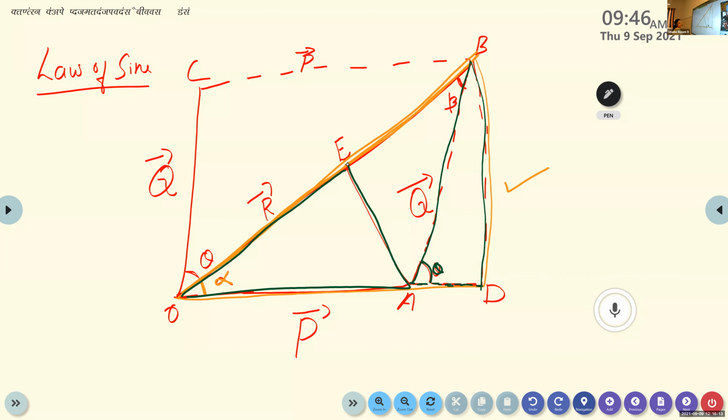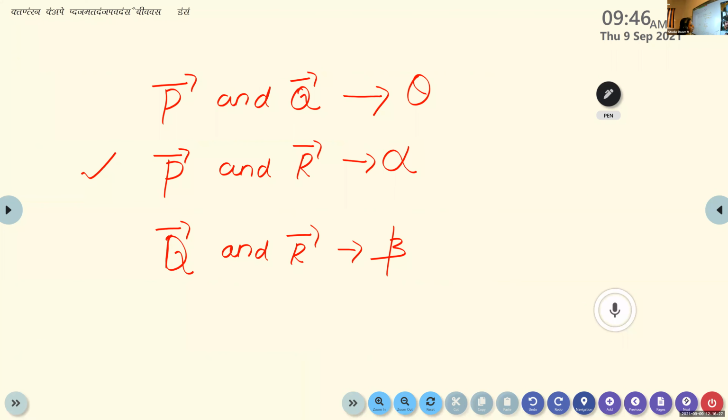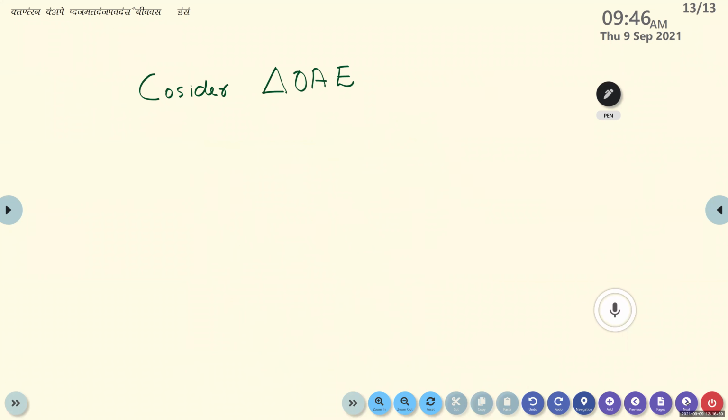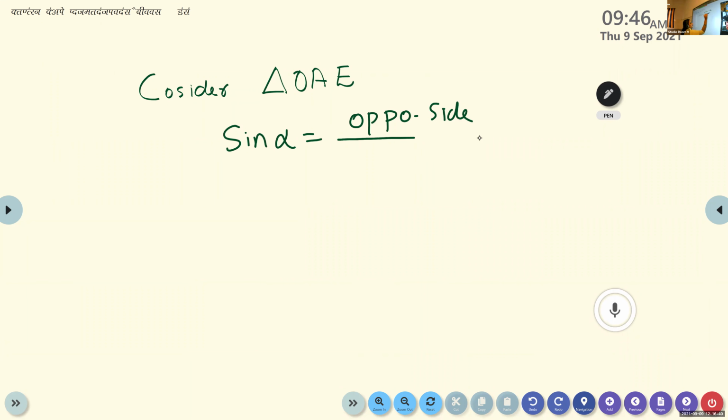Here we have again alpha. From this triangle OAE, we have sine alpha. Sine alpha is equal to opposite side divided by hypotenuse.